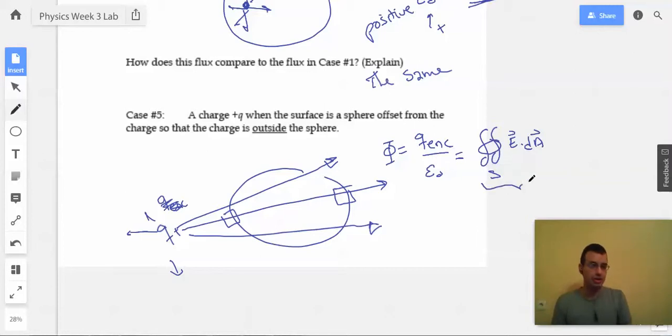So this equation is of minimal value. But we do know that there is no charge enclosed in this Gaussian shape. Therefore, 0 over epsilon naught is 0. So there is 0 flux.